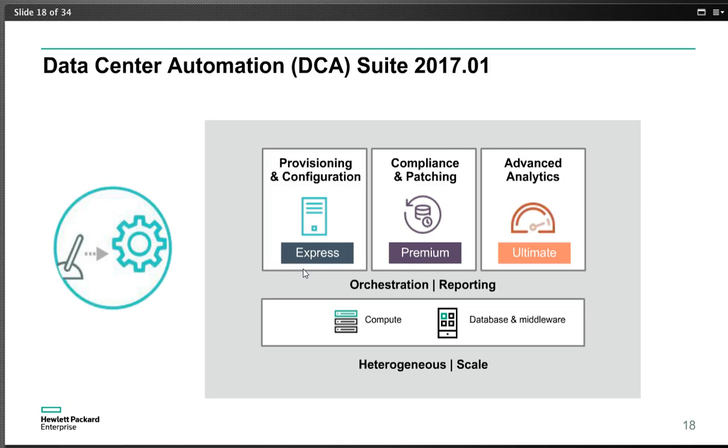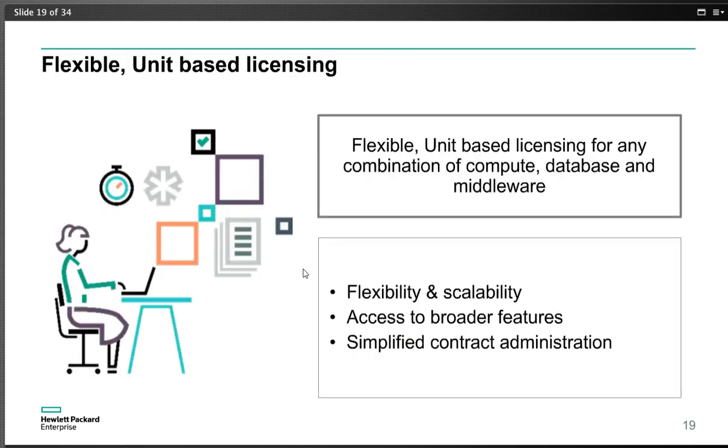This is us offering, from a DCA solutions perspective, one single solution for managing the life cycle of servers, whether they are bare metal or virtual, as well as databases and middleware. So this is a short introduction of the new DCA solution. I'll now drill down into each of the specific tiers.